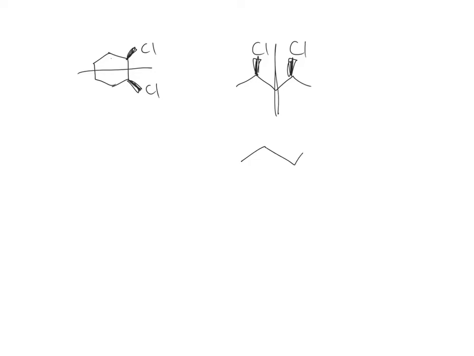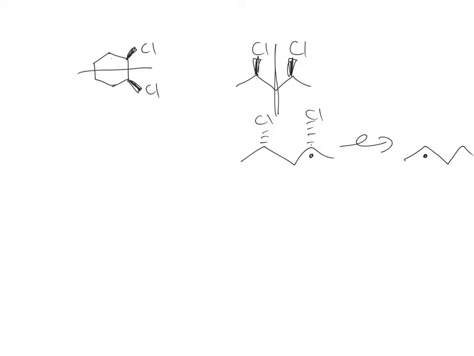Because you would flip those. If I switched the dashes and wedges here, I would just have my chlorines like that. Then if I took this molecule and flipped it over, I would still have this guy, and now this one would be on this carbon. If it were going back and I flipped it over, it would still be going back.